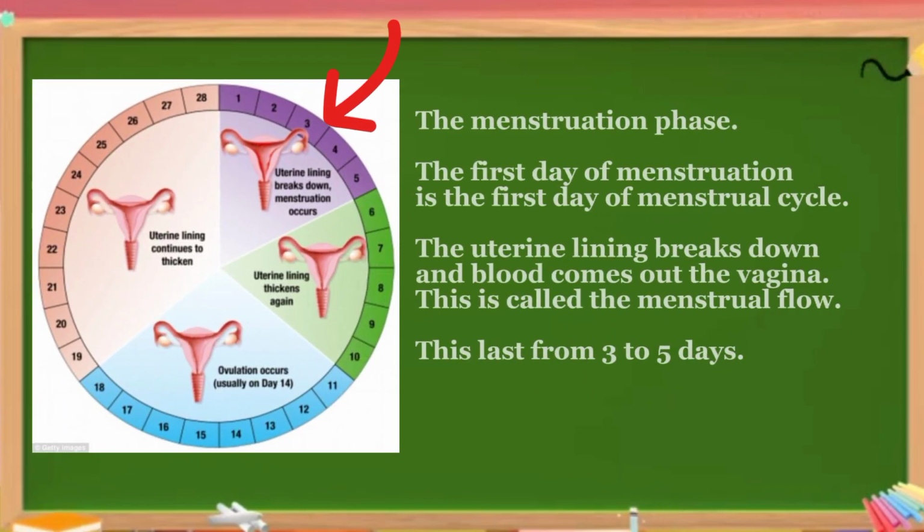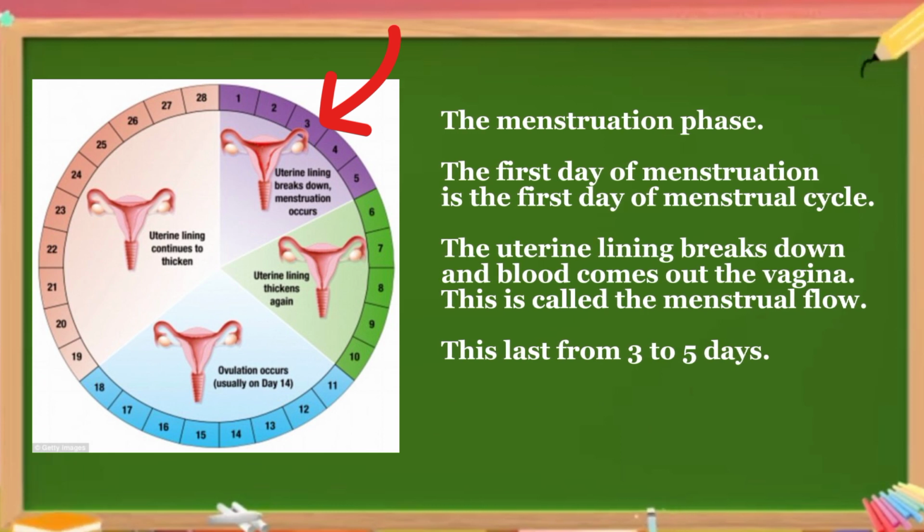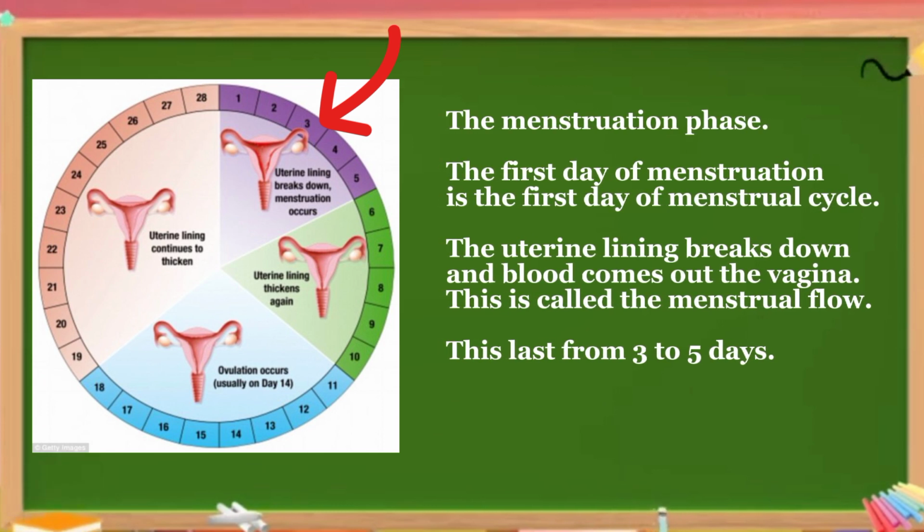First phase is the menstruation phase. The first day of menstruation is the first day of the menstrual cycle. The uterine lining breaks down and blood comes out of the vagina. This is called the menstrual flow. This lasts from 3 to 5 days.